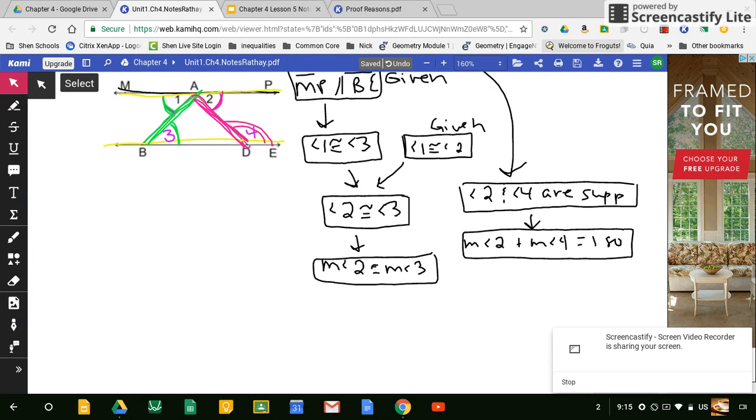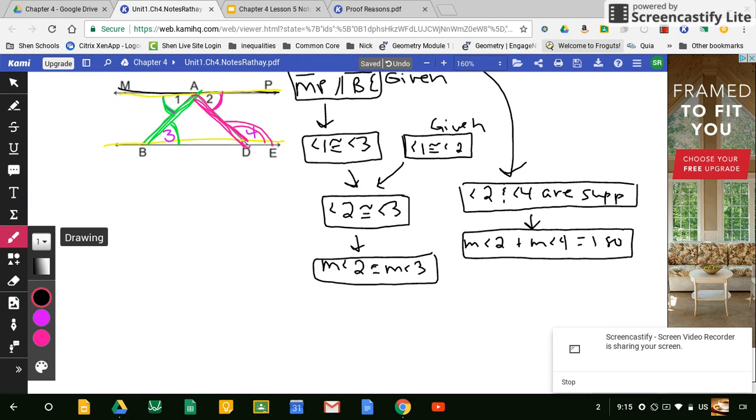So if I put the equation on the left into the equation on the right, I get measure of angle 3 plus measure of angle 4 equals 180, by substitution.